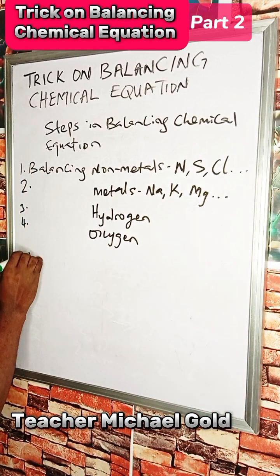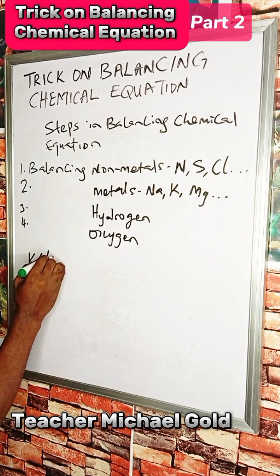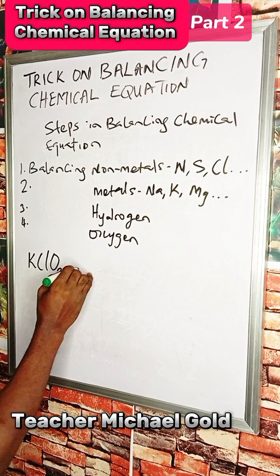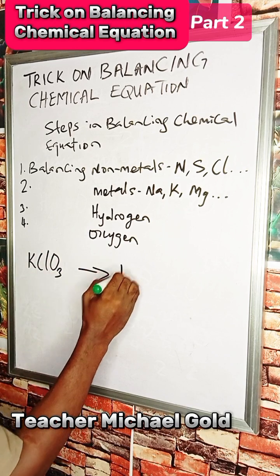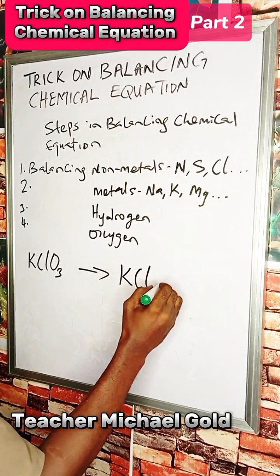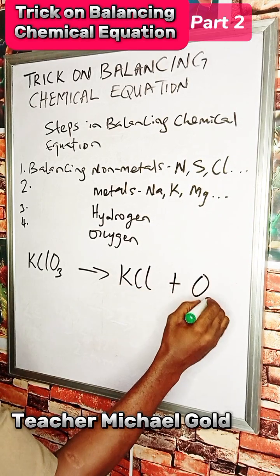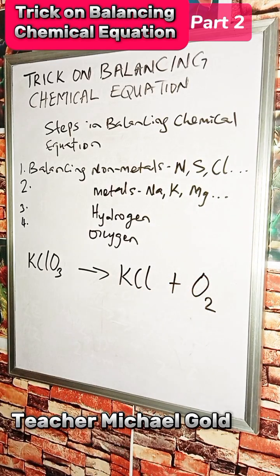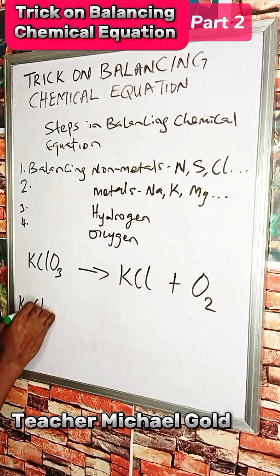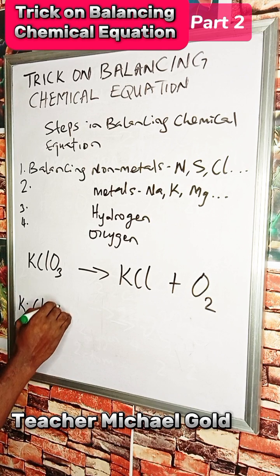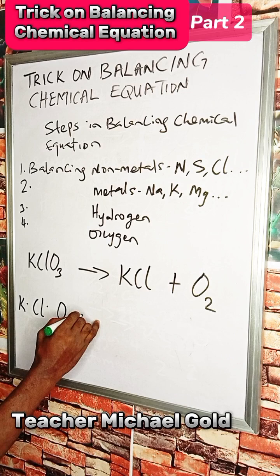So we have KClO3 giving you KCl plus O2. Let's go on by splitting our compound. If we split, we have potassium, chlorine, and O3.